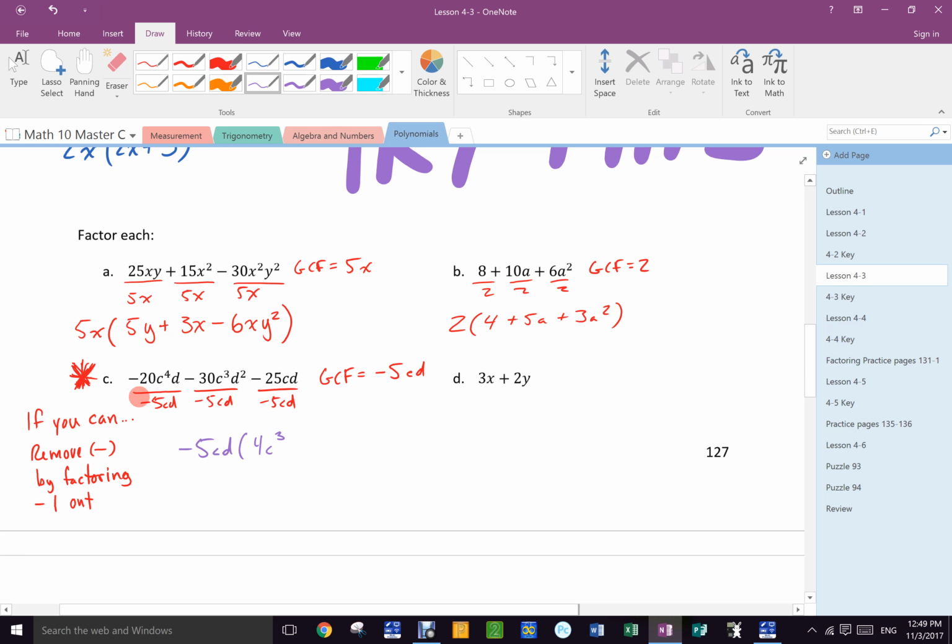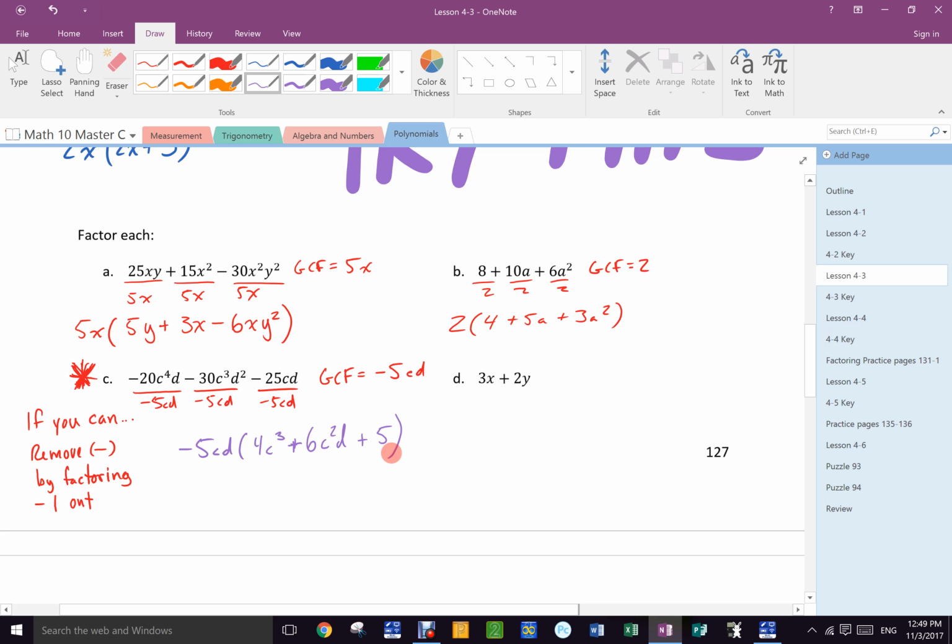Positive. Because there's two negatives there. What about this one? Positive 6C squared D. That was a powerful one, Sam. Plus 6, what? C squared D plus 5.